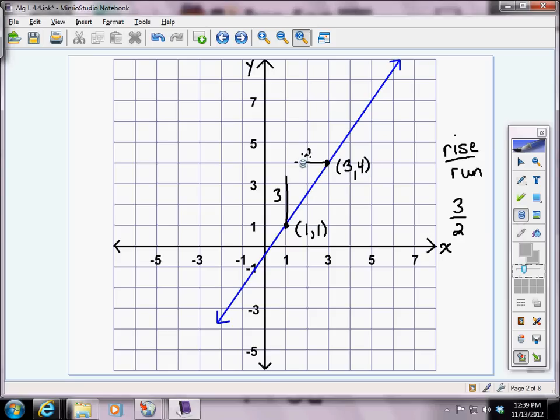Let's say we change our mind about these points here. If I can get them to erase. There we go. And let's say I wanted to pick from this point here, the point (-1, -2). And let's say I wanted to go up to this point here, the point (5, 7).